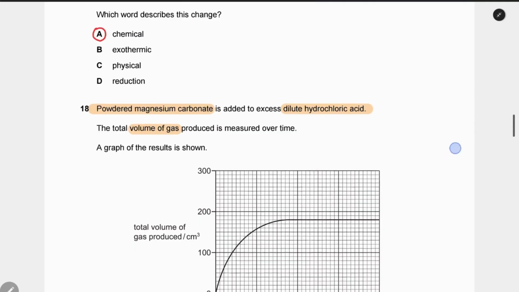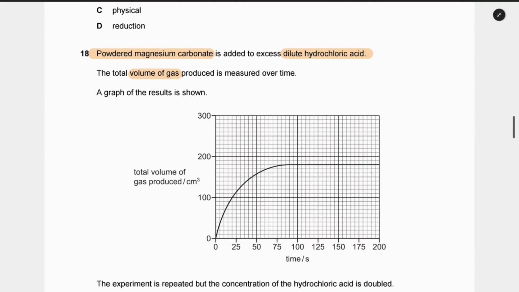Powdered magnesium carbonate is added to excess dilute hydrochloric acid. The total volume of gas produced is measured over time. A graph of the results is shown. So as you can see, as the reaction proceeds with time, the volume is increasing, and as the reaction gets complete, the volume remains constant.